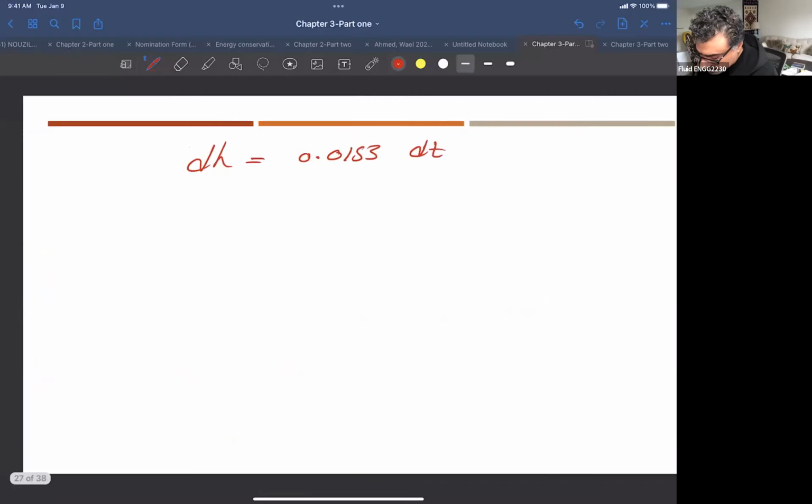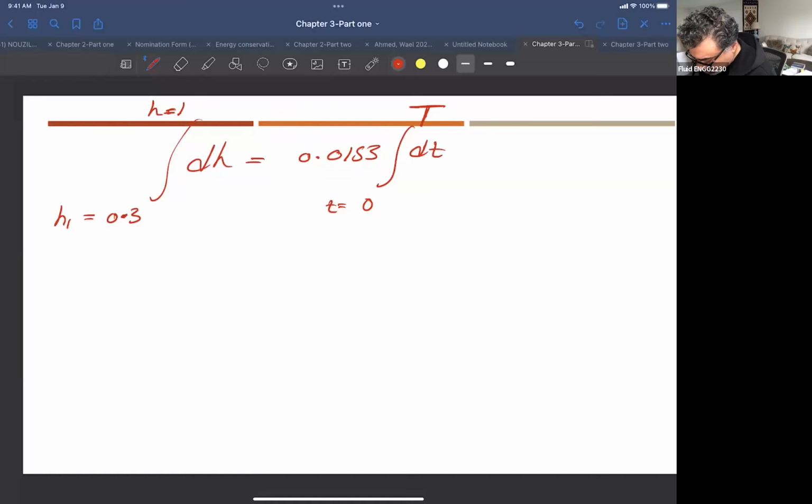If I need to find out the total time, I should integrate from 0 to capital T, where h started at time t equals 0 at a level h1 equal to 0.3. And at the total time, the time to fill the whole tank, h is now 1 meter, right?